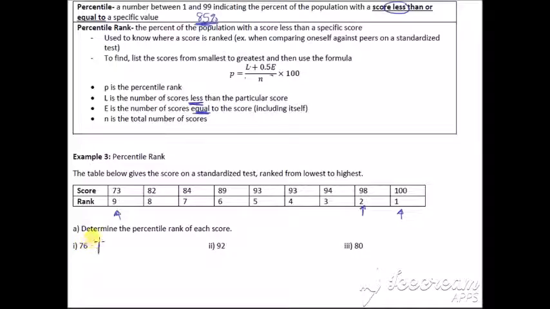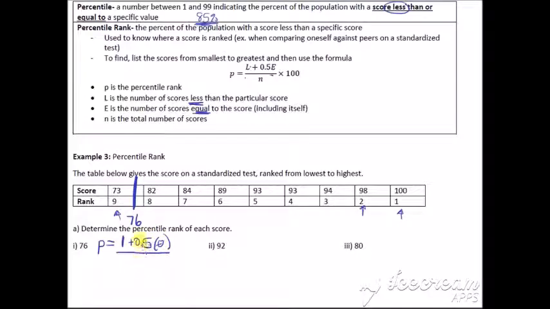So we're going to use this formula here, and first we're going to do 76. So 76 would lie here somewhere, between these two scores, between 73 and 82. So L is the number of scores lower than this, which is 1, plus 0.5 times how many scores equal to 76? Well, there's none.